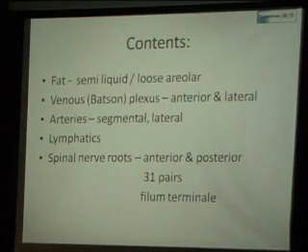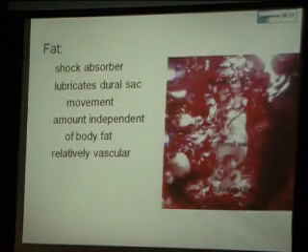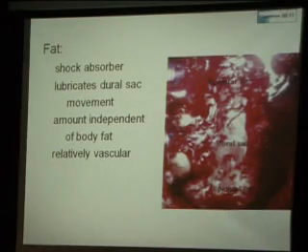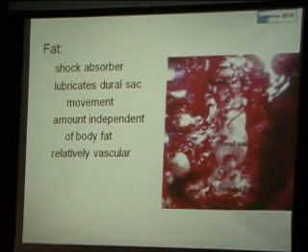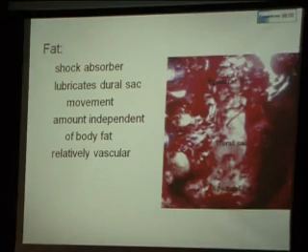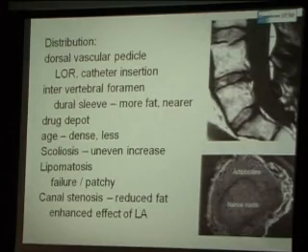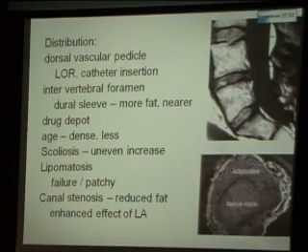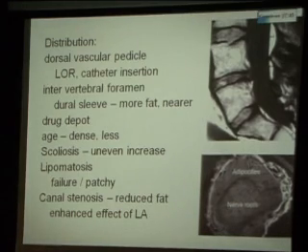These are the contents of the epidural space: fat, the veins and arteries, lymphatics, and spinal nerve roots. The fat acts as a shock absorber, also lubricates the dural sac movement within the spinal canal, and the amount present is independent of the fat present elsewhere in the human body, and it's a relatively vascular fat. It is distributed mostly in the dorsal space in the form of a vascular pedicle, and this pedicle may come in your way when you're trying to look for a loss of resistance, and also when you're trying to thread in a catheter.